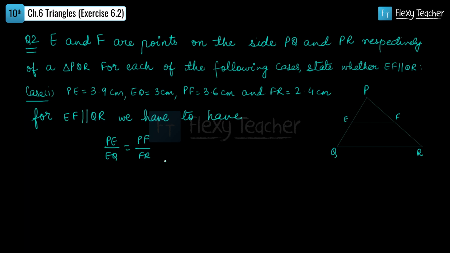So what is PE upon EQ? PE is 3.9 upon EQ is 3 centimeter is equal to 3.6 upon 2.4. So let us solve this. This becomes 1.3 on this side and this becomes 1.5.